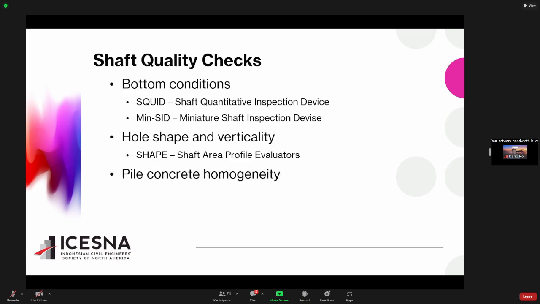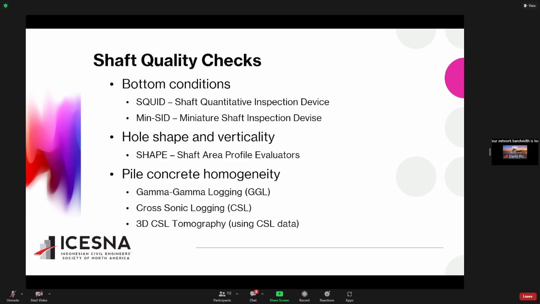For concrete quality, there are at least three methods that I use: gamma logging, cross-sonic logging, and 3D tomography. Using the CSL data, you create a 3D pile model tomography.